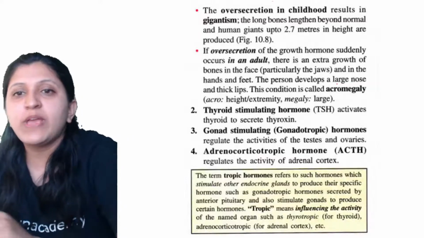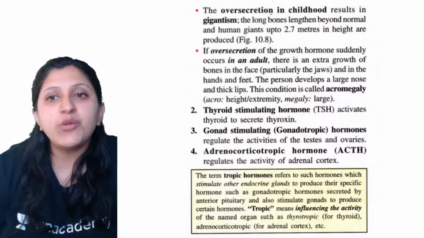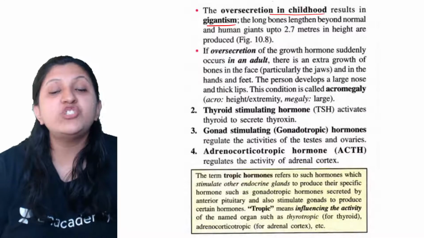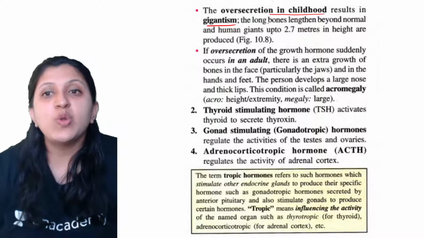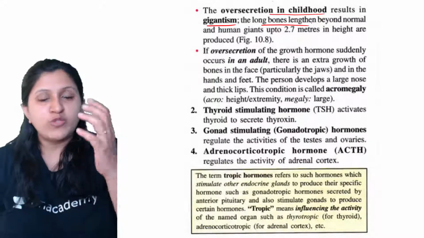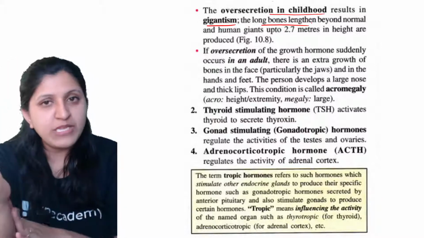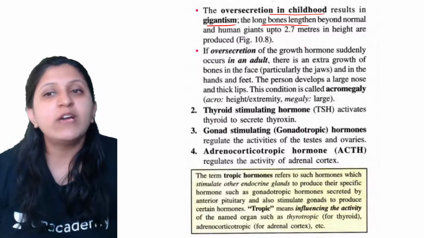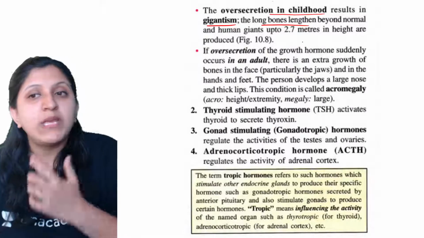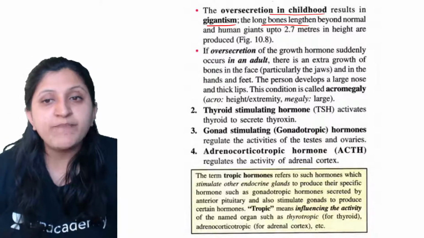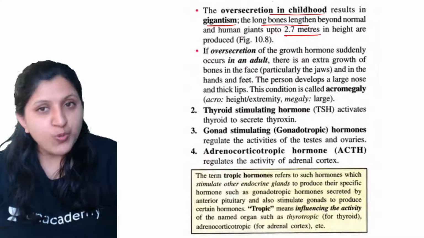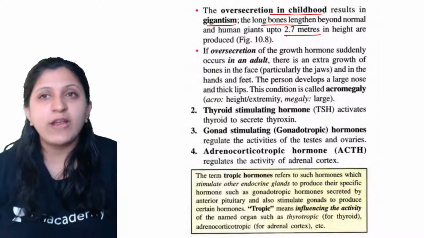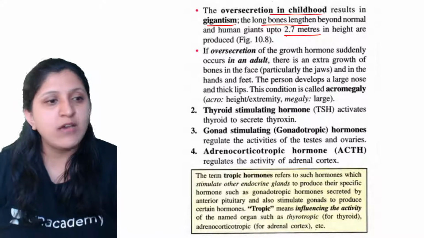So let's have a look at this now. Oversecretion in childhood results in gigantism. Long bones can be found, the bones which are supposed to be this size will grow to double their size. Longer bones can be there beyond the normal, so they can grow up to 2.7 meters in height. All right, I have seen some of them.